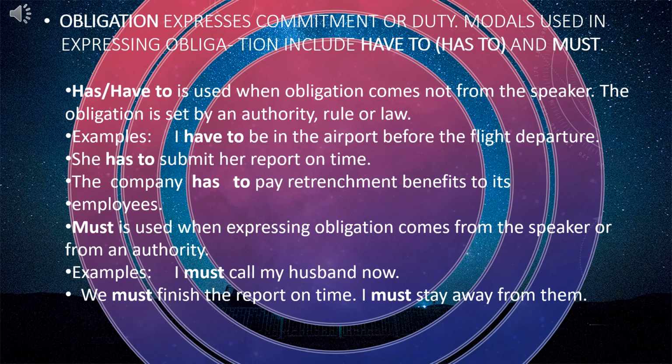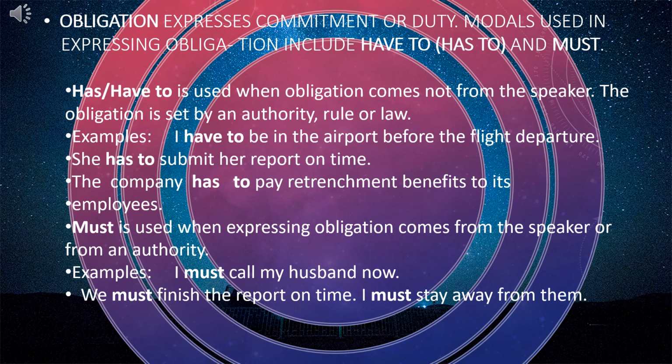The next examples. We must finish the report on time. I must stay away from them. So there's an authority asking them to finish the report on time. Now, which one is the must that is coming from the speaker himself or herself?